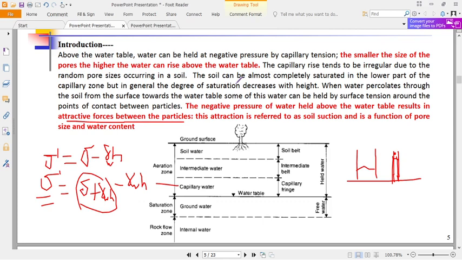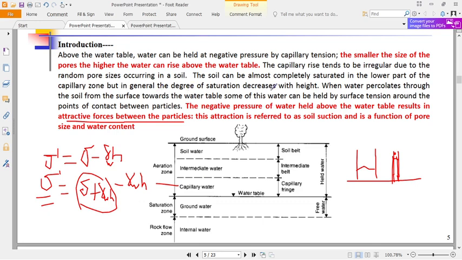Now the soil can be almost completely saturated in the lower part of the capillary zone, this part here. But in general, the degree of saturation decreases with height.